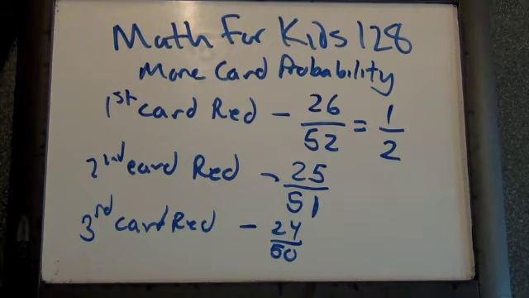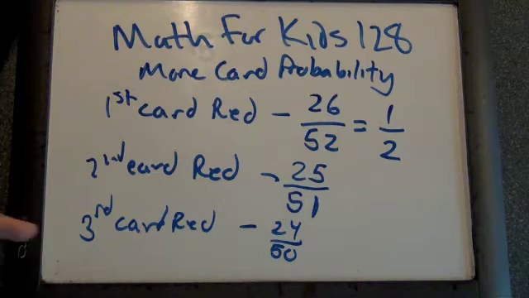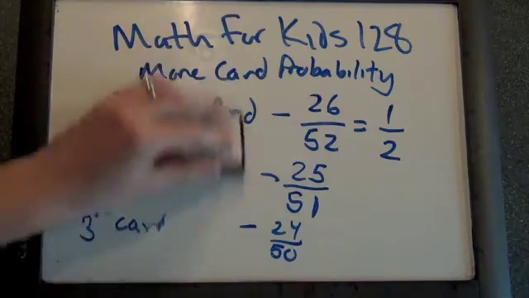So in order to figure out the probability of getting 3 red cards in a row, first card red, second card red, third card red, we're going to multiply these together.